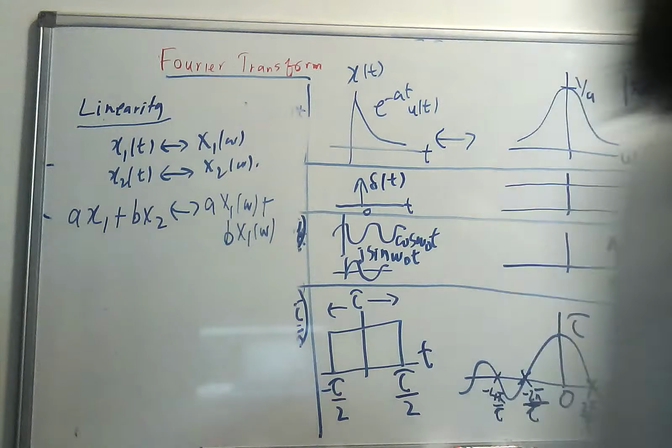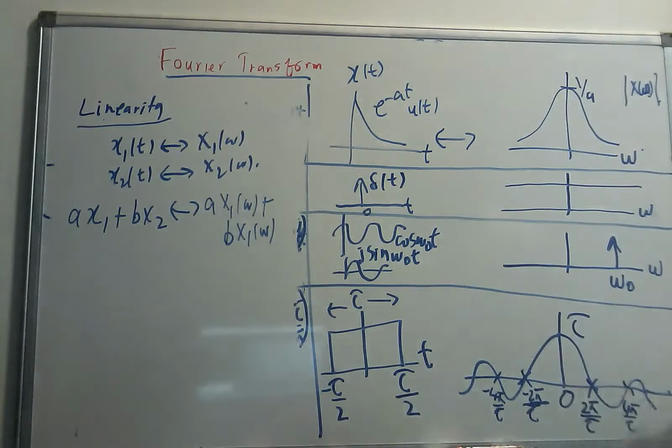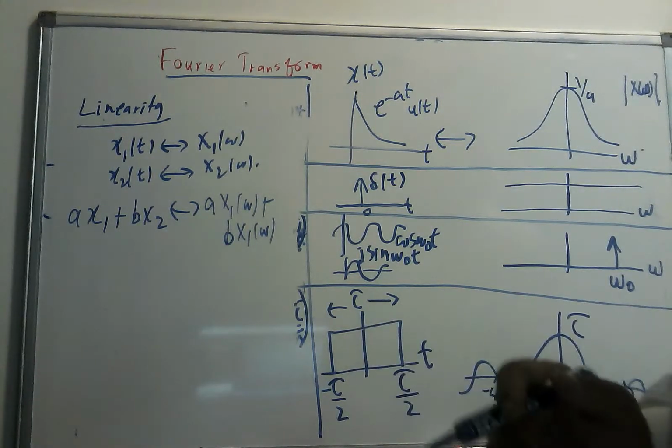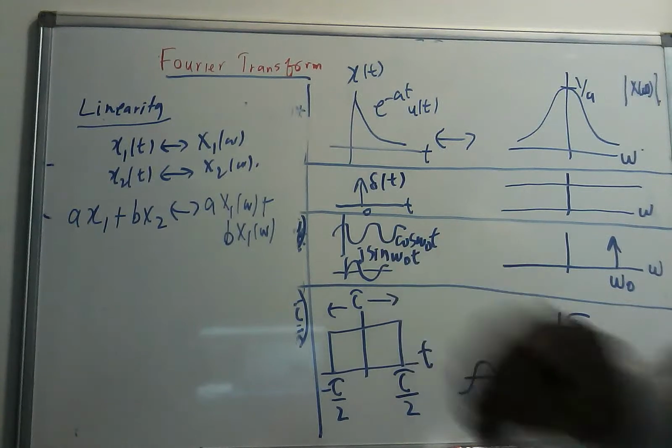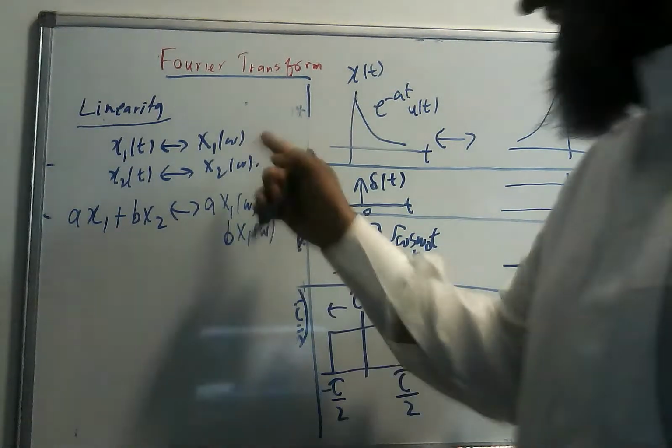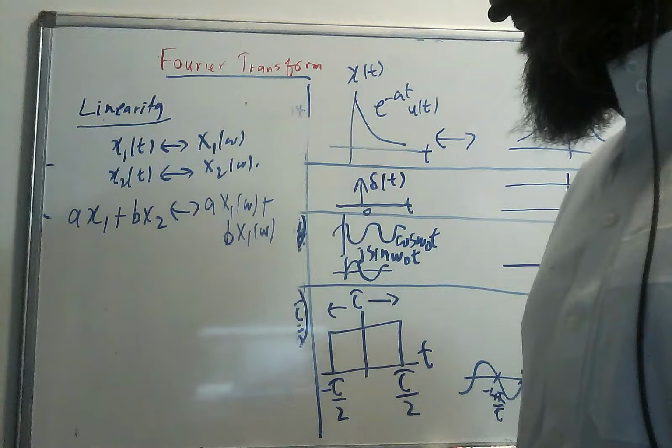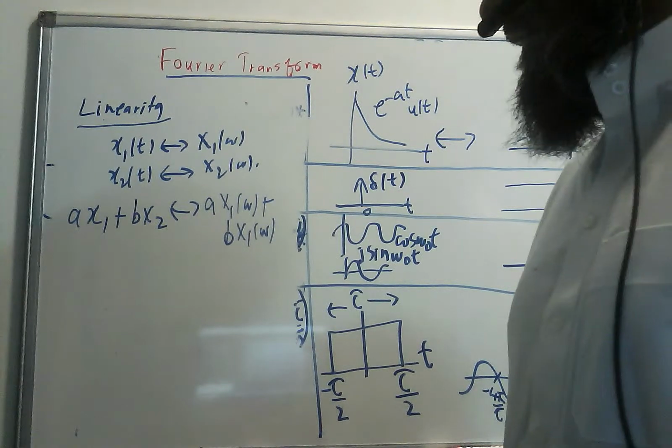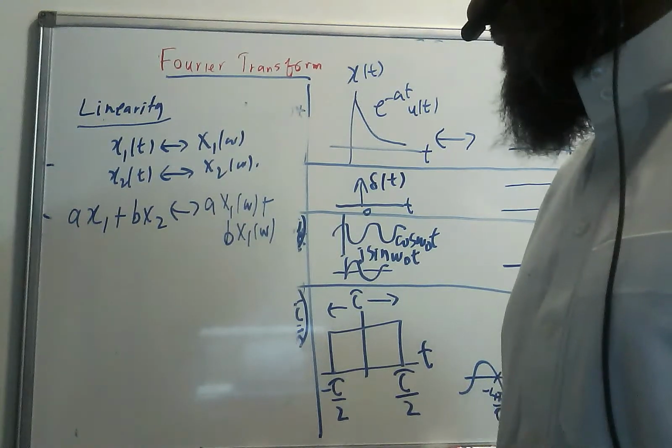All right. So this is the property of linearity. It means that if we have two functions in the time domain and we add those two functions, the Fourier transform will be the addition of the Fourier transforms.